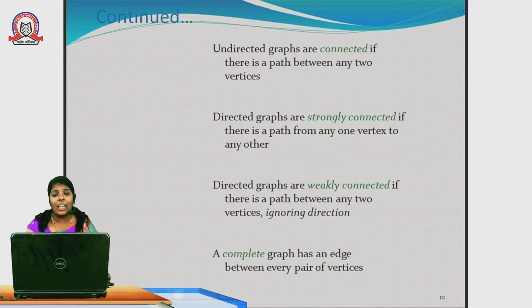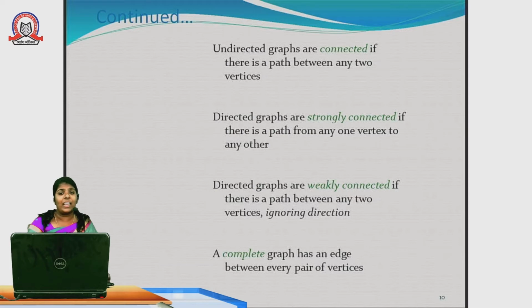Now undirected graphs. In undirected graphs also some types are there: connected, strongly connected, weakly connected, complete graph. Undirected graphs are connected if there is a path between any two vertices.